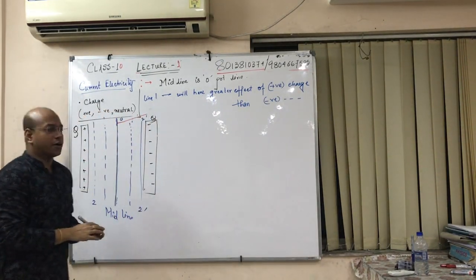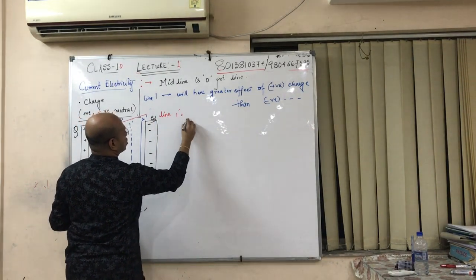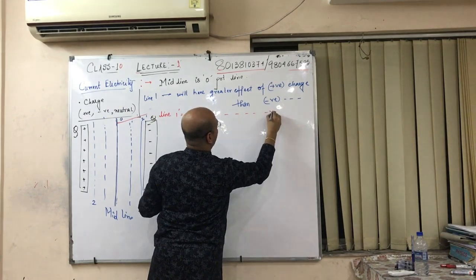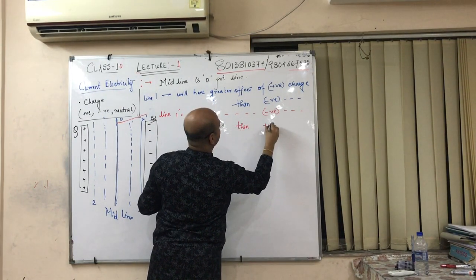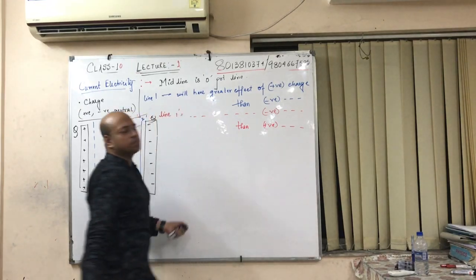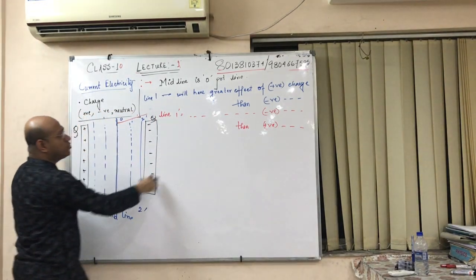I hope this is clear. Similarly, line 1 dash will have a greater effect of the negative charge than the positive charge.